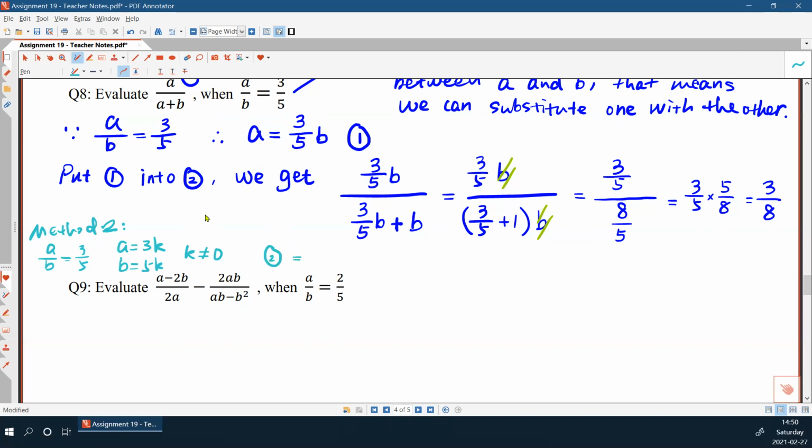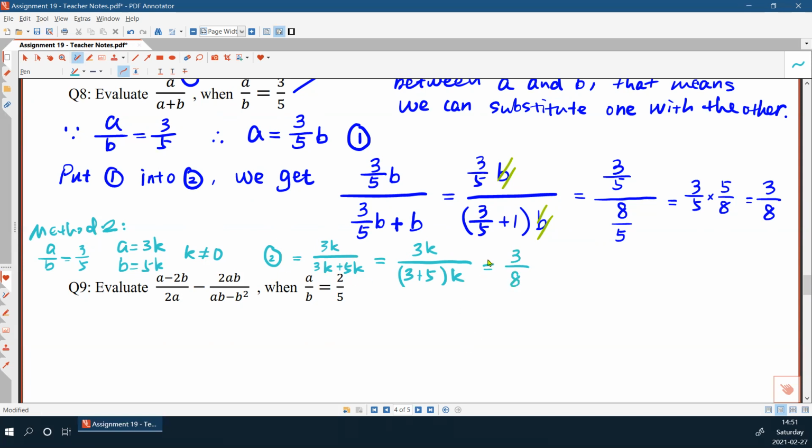A over A plus B. What is A now? A is 3k, and B is 5k, right? So the original expression becomes 3k over 3k plus 5k, which is 3k over 3 plus 5 times k. Now you can cancel k, right? So this gives you 3 over 8.